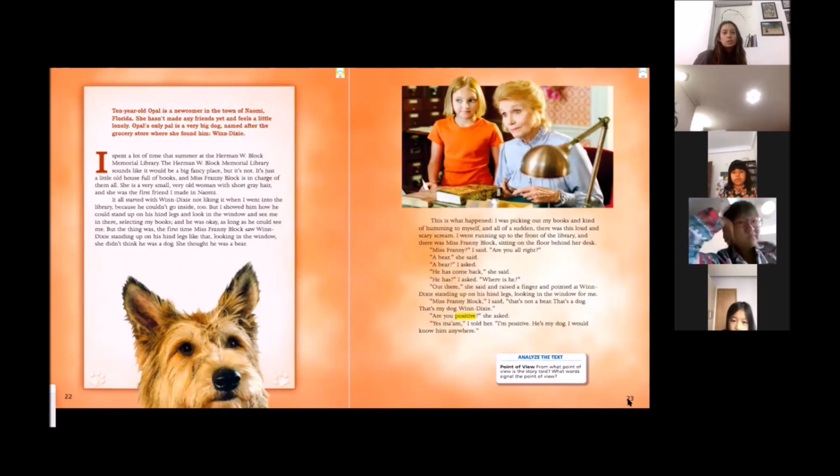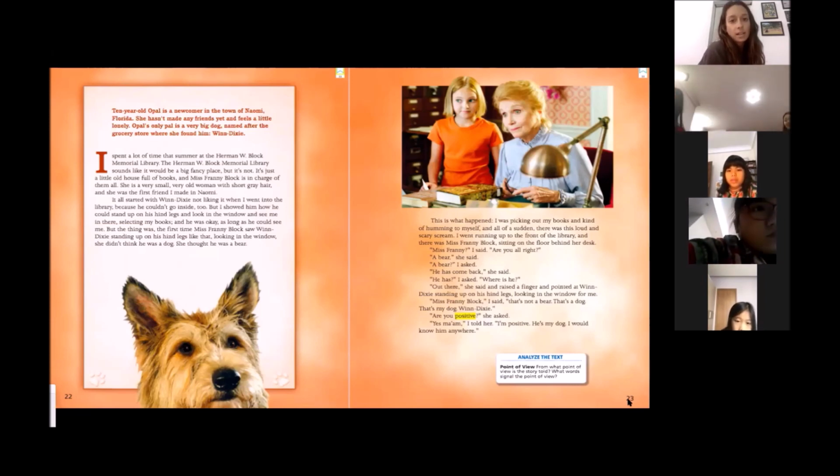10-year-old Opal is a newcomer in the town of Naomi, Florida. She hasn't made any friends yet and feels a little lonely. Opal's only pal is a very big dog named after the grocery store where she found him, Winn-Dixie. I spent a lot of time that summer at the Herman W. Block Memorial Library. The Herman W. Block Memorial Library sounds like it would be a big fancy place, but it's not. It's just a little old house full of books, and Miss Franny Block is in charge of them all.